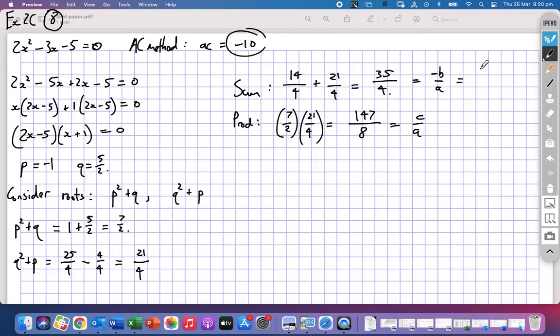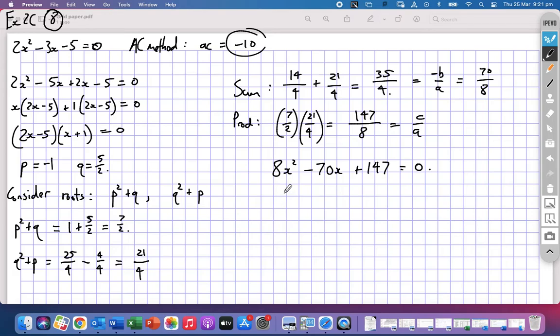If I double this, 70 on 8. So we've got a is 8, b is minus 70, c is 147. So here's a quadratic: 8x squared minus 70x plus 147 equals 0.